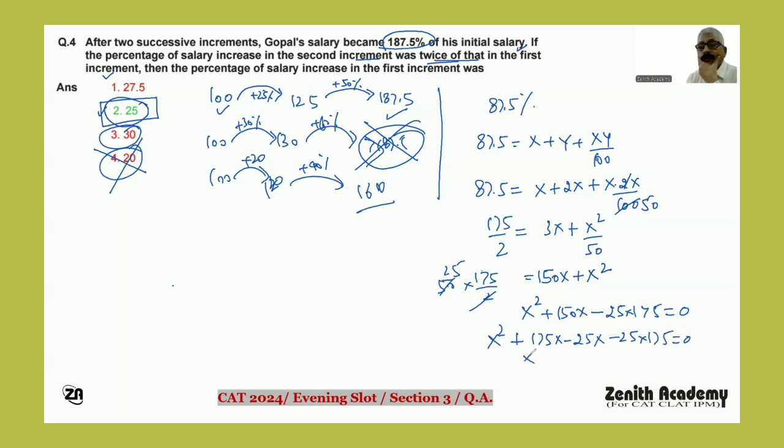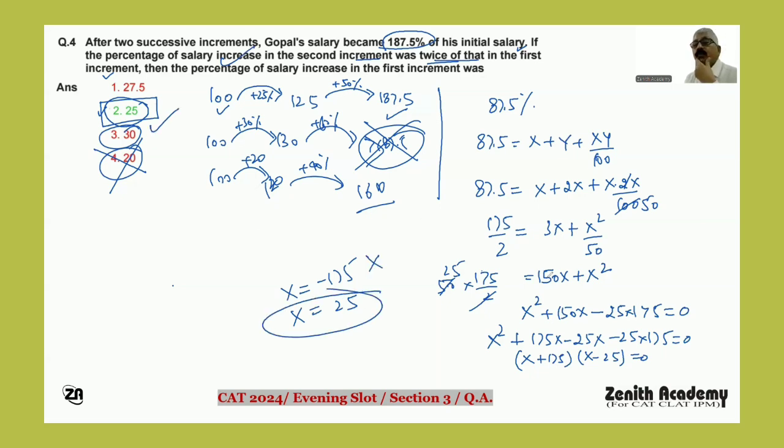So x plus 175 and x minus 25 is 0. So x is coming minus 175, x is coming 25, and it is increase. So minus is not a valid answer. Answer is 25%. This is another approach, right?